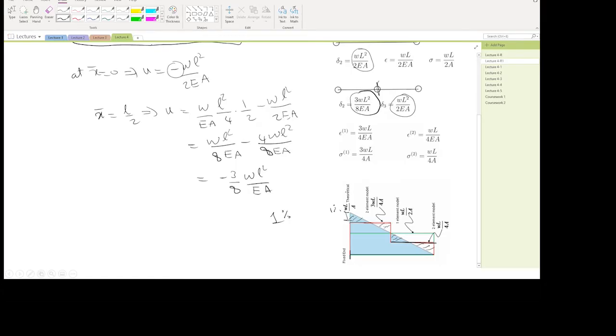And in reality, it is 50 elements. So basically, you need 50 elements to be able to get 1% error in the exact solution.